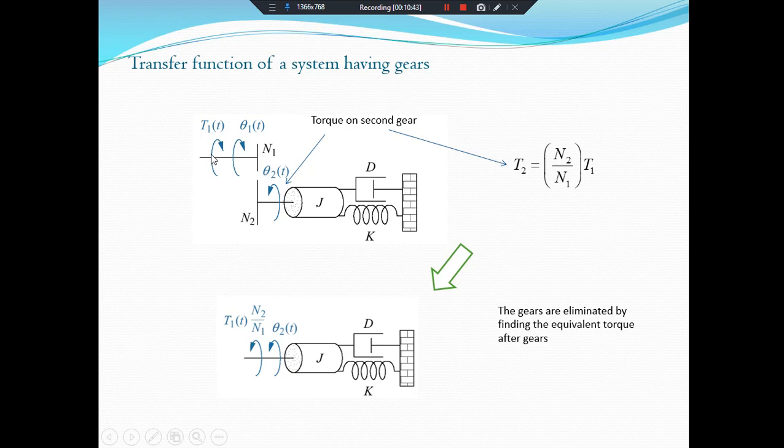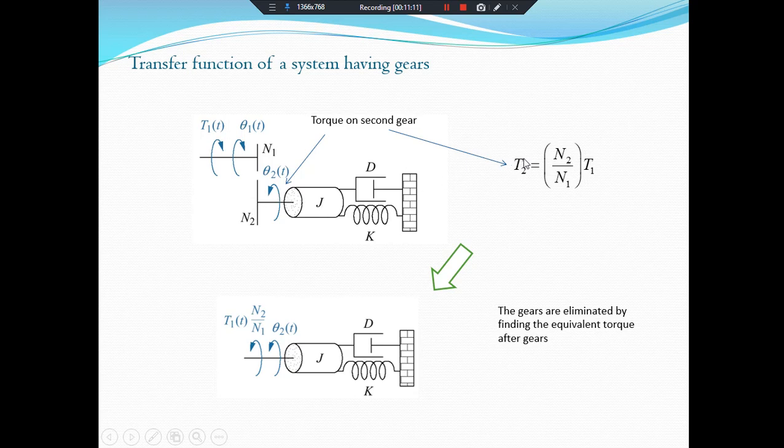By applying torque, the load here on the output shaft has one inertia, one damper, one spring, and the force is transferred with the help of the gear.